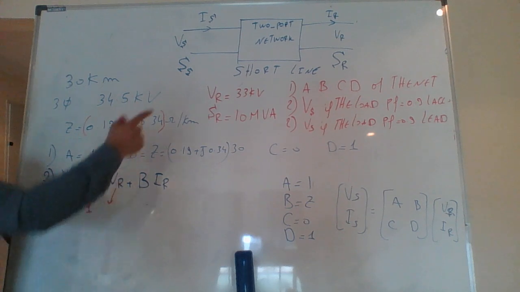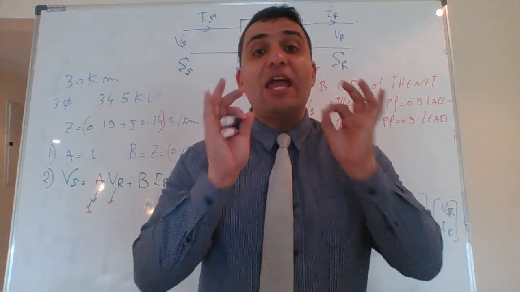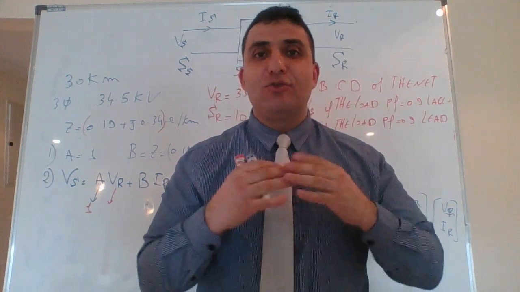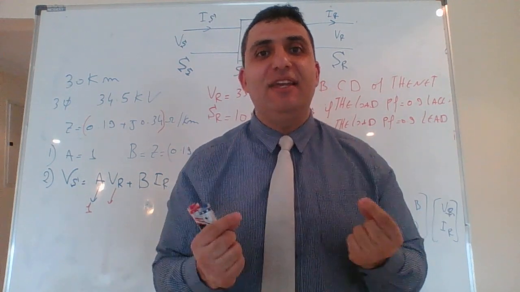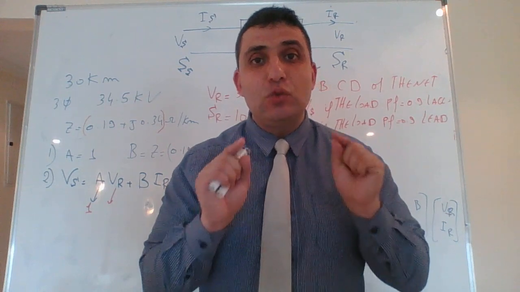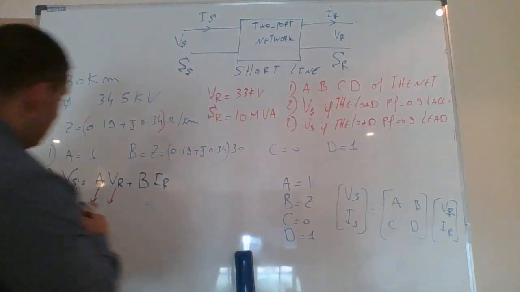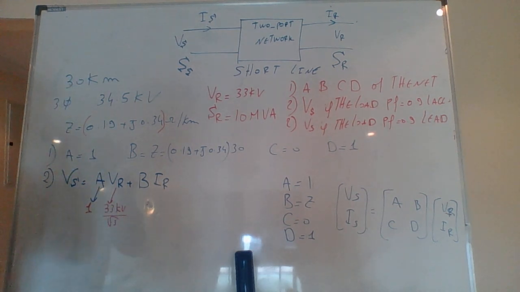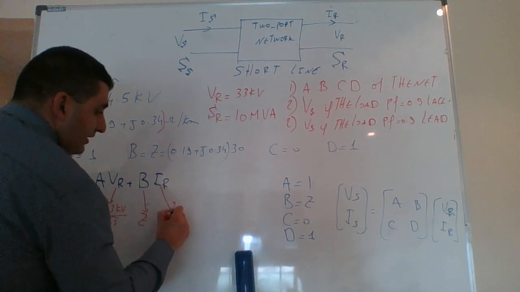V receiving is 33 kilovolt, and that's line to line. I always use phase values in my analysis to make sure there's no mistake, so the 33 kilovolt is converted into a line-to-neutral voltage: 33 kilovolt divided by root 3. B is Z, which is this one.